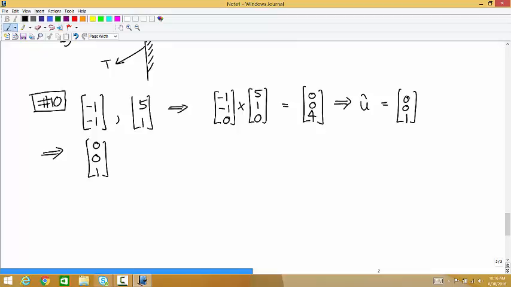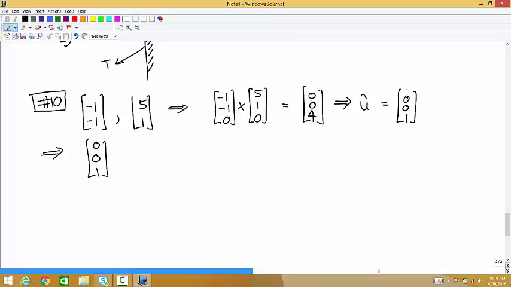Whenever it's in two dimensions, you always just put the z component in there, and the cross product is only going to have a z component. The way we did this calculation is we started by doing the cross product of these two and then found a unit vector in that direction.